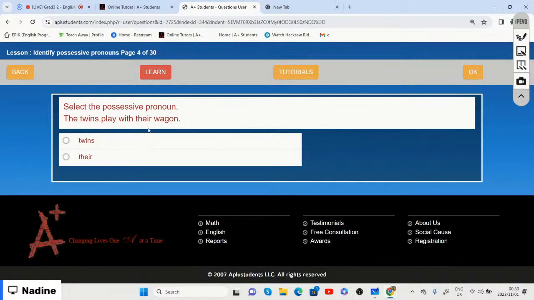So we say that the twins play with their wagon, right? Which means that their, not twins, but their is the possessive pronoun.